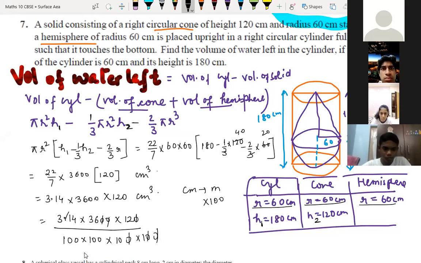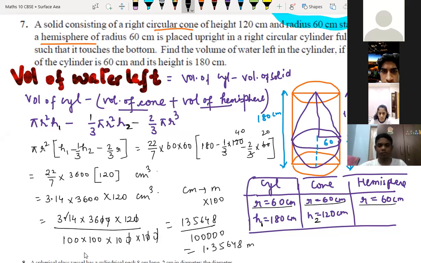Again you have to multiply and put the point. 314 into 36 into 12, we're getting 135,648. 135,648 divided by 1 followed by 5 zeros: 1 2 3 4 5. You should count and put the point there. 1.35648 meter cube of water left out.